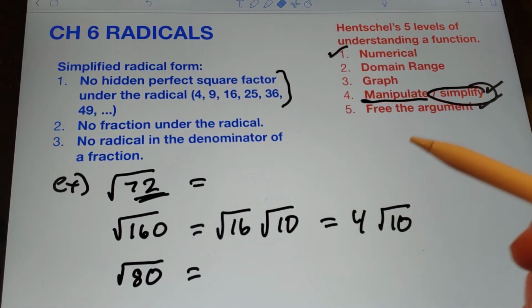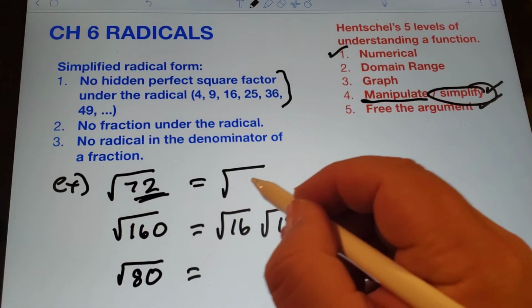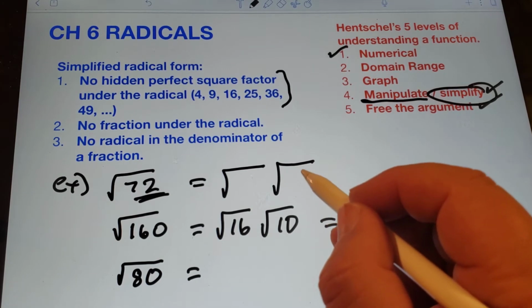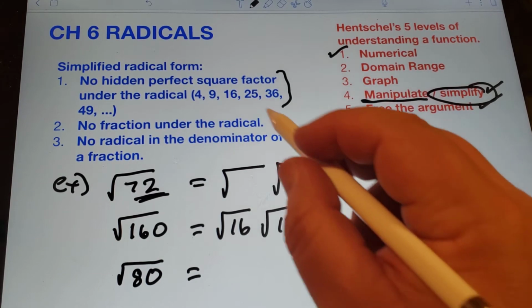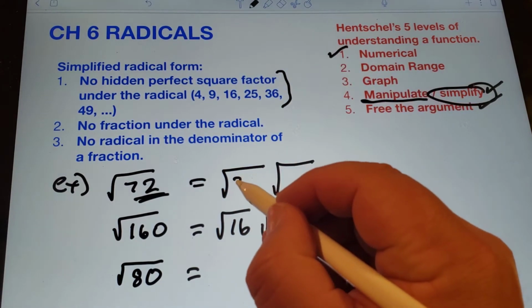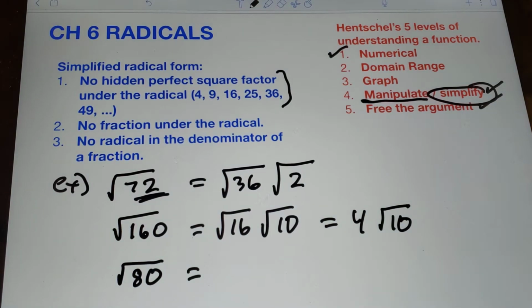All right. So yes, I want to factor 72. Yes, I want a perfect square under the first radical, but I don't just want anything like an 8 under the second radical. I want something that has no perfect square factor. So hopefully you see it. I'm going to factor 72 as 36 times 2.